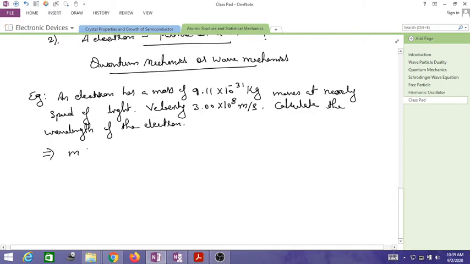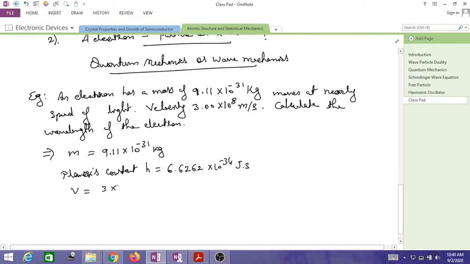The mass of an electron is 9.11 into 10 to the power of minus 31 kg, Planck's constant h is 6.6262 into 10 to the power of minus 34 joules per second, and the velocity v is 3 into 10 to the power of 8 meters per second.